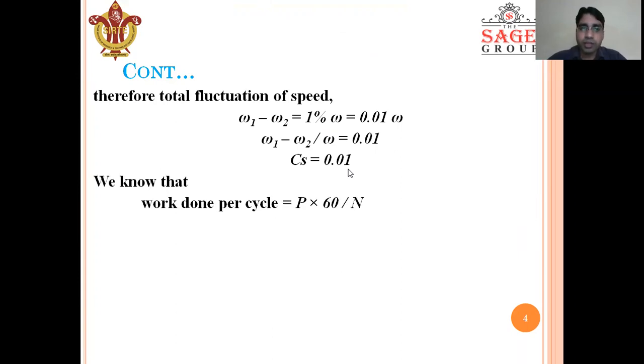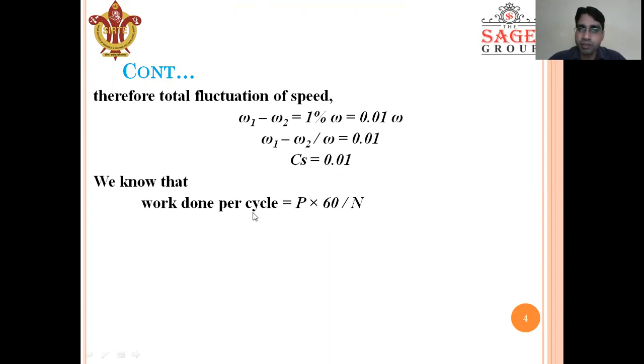Now we know that the work done per cycle is equal to P into 60 divided by N. We have already discussed this in the previous lecture. We can say that it is T mean into theta, where theta is equal to 2 pi for the steam engine, as given in the question. We can calculate T mean from power equal to 2 pi N T upon 60, where T is T mean, or T mean is equal to P upon omega, where omega equals 2 pi N upon 60.